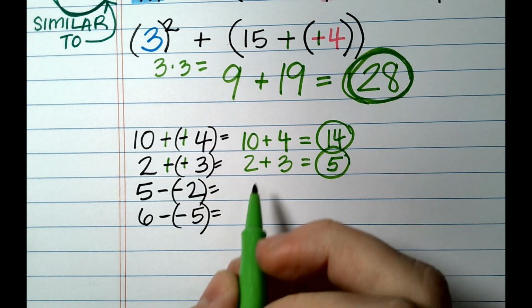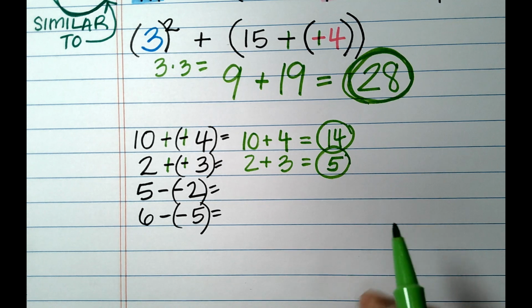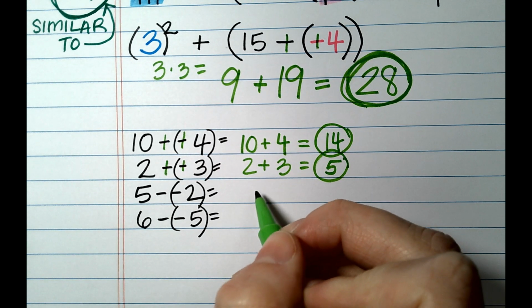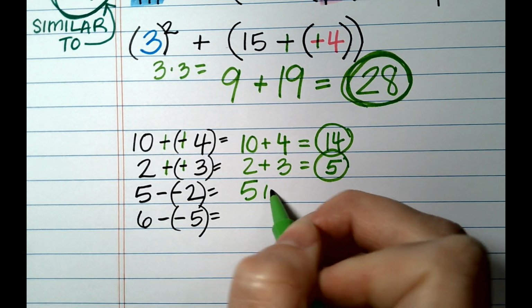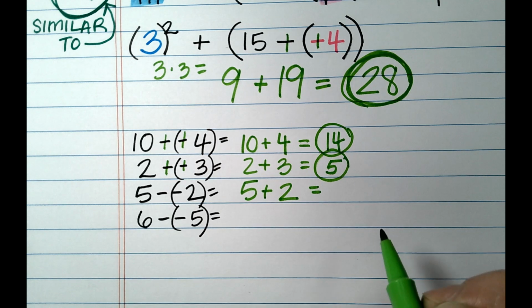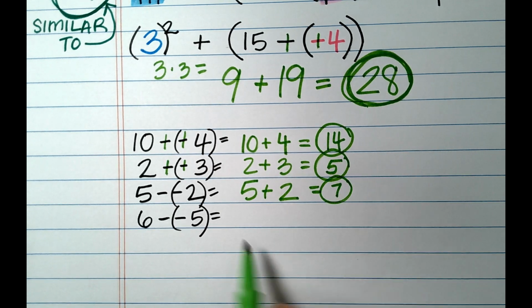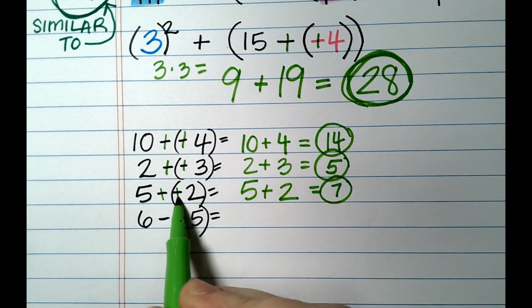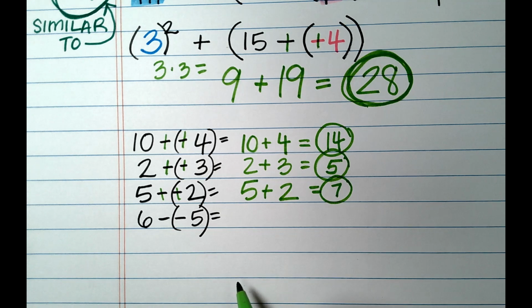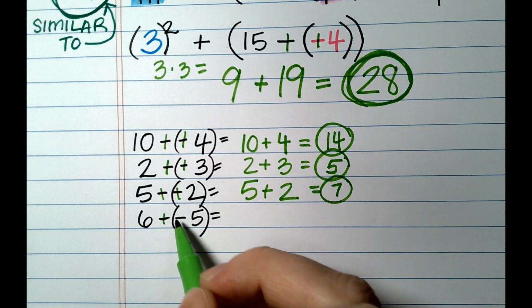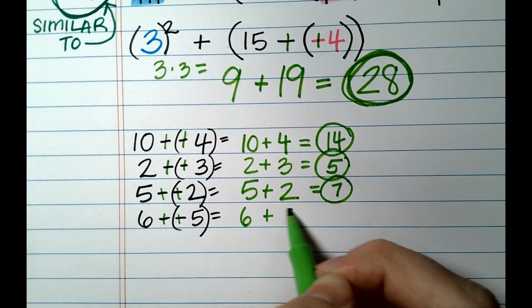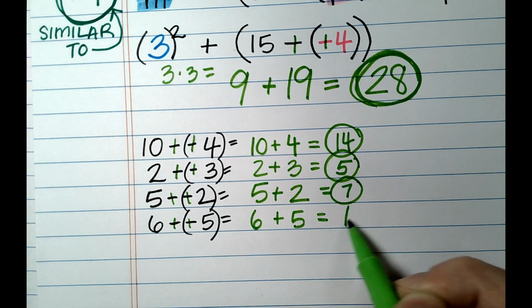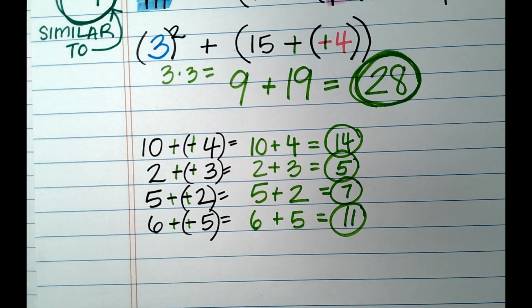What's the addition problem it really is? It's just 5 plus 2, which is 7. 6 minus negative 5. What do I change that to? 6 plus 5, which is 11. Good, good, good. All right.